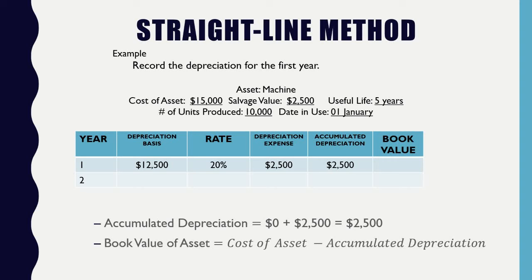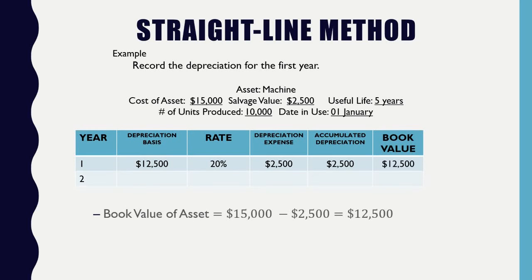The cost of the asset, 15,000, minus 2,500 is 12,500. All right, good.